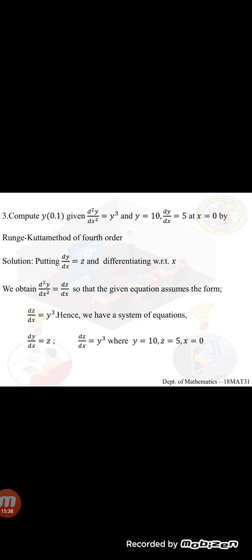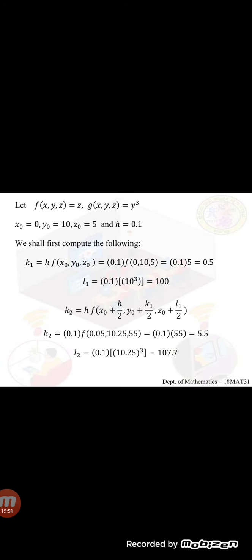So you got two differential equations of first order, that is dy by dx equal to z, dz by dx equal to y cube with y equal to 10, z equal to 5 and x equal to 0. Remaining procedure will be same. F of xyz is z, g of xyz is y cube. Then compute k1, k2, k3, k4, L1, L2, L3, L4.